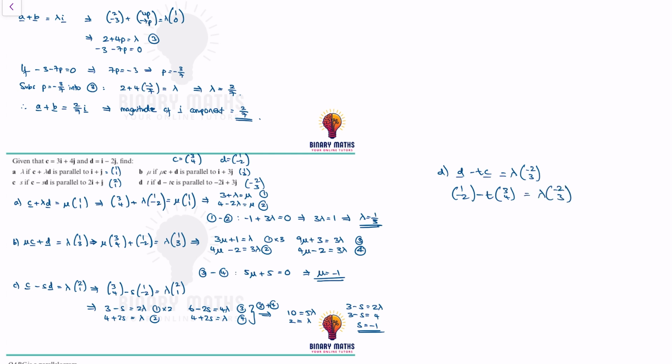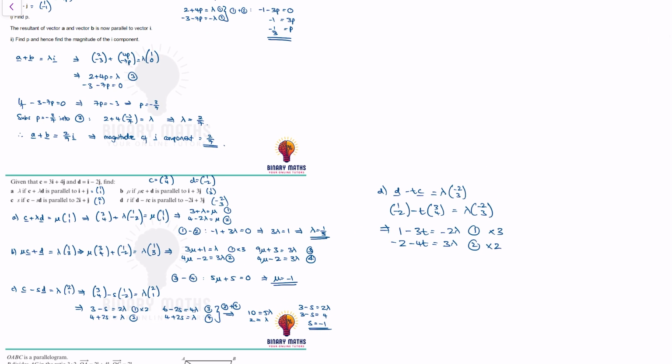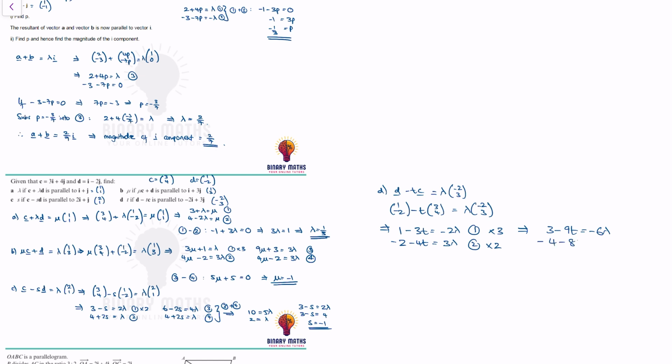So the first equation I get is 1 minus 3t is equal to minus 2 lambda, and minus 2 minus 4t is equal to 3 lambda. So you take equation 1 and 2, I need to make the lambdas the same, so I'm going to times this one by 3, times this by 2, which means I end up getting 3 minus 9t is equal to minus 6 lambda, and minus 4 minus 8t is equal to 6 lambda.